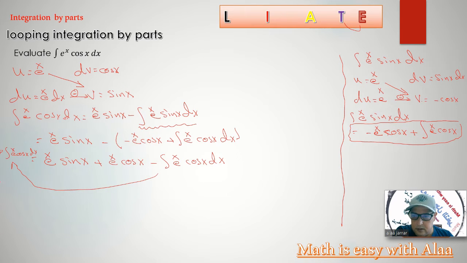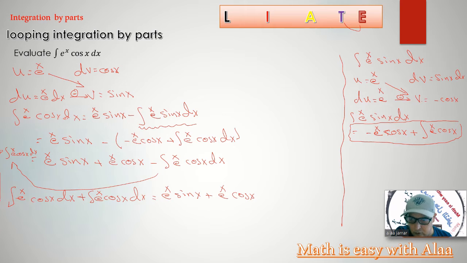It will be the integral of e^x cosine x dx plus the integral of e^x cosine x dx equal e^x sine x plus e^x cosine x.